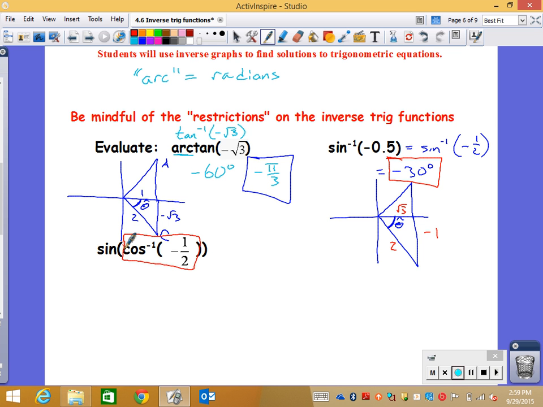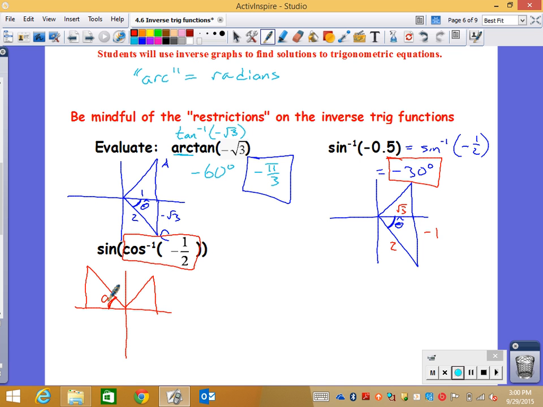Let's explain why. Let's draw out the coordinate plane again, and be mindful of where my bounds are for inverse cosine: 0 to pi. So I'm either going to be in the first quadrant or the second quadrant for inverse cosine. Well, inverse cosine of a negative, so I know cosine is negative, which means, all students take calculus-wise, I'm going to be here in the second quadrant.